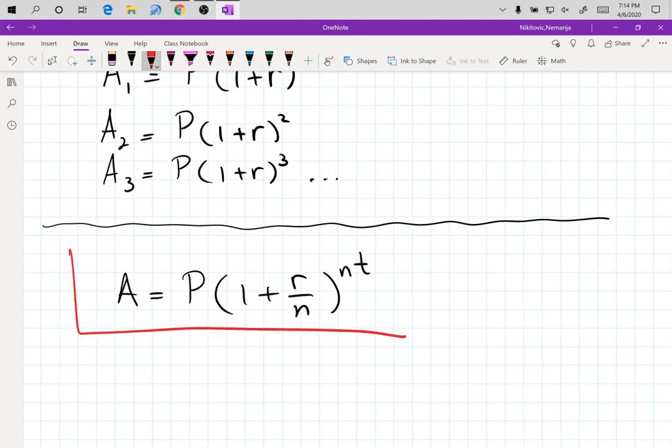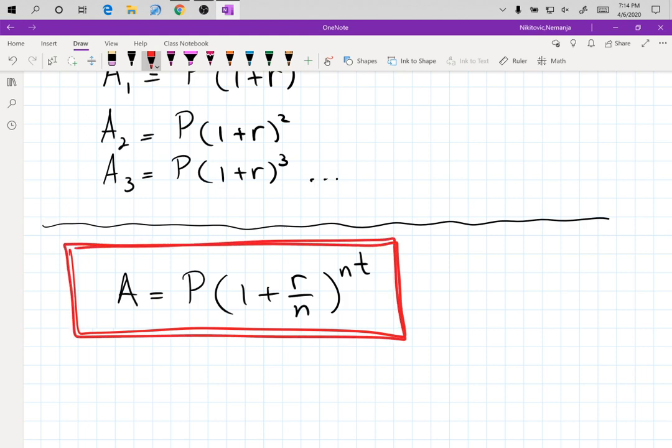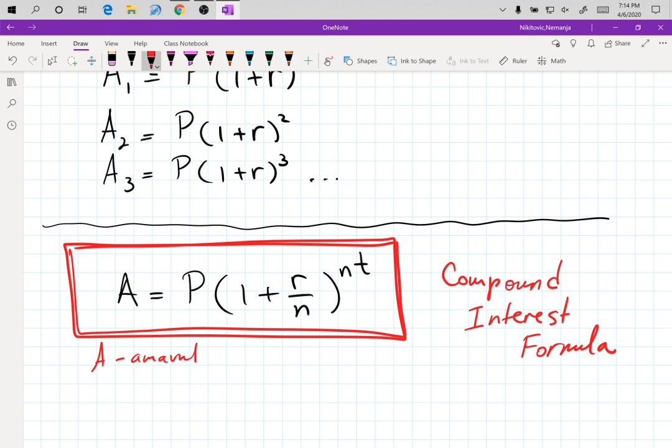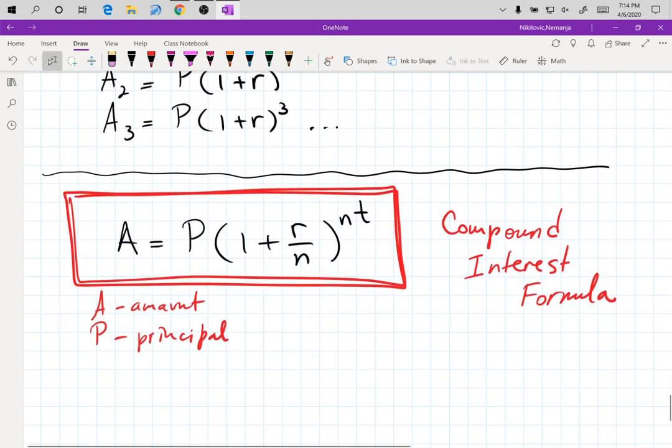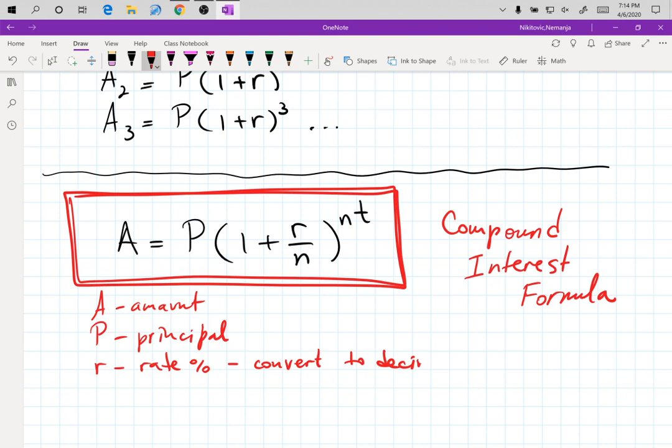This is the formula you will be memorizing to do money problems. And you have your A as the amount, P as principal, R as rate in percent, convert to decimal, T is time, usually in years, right?